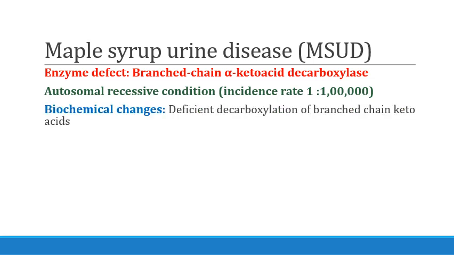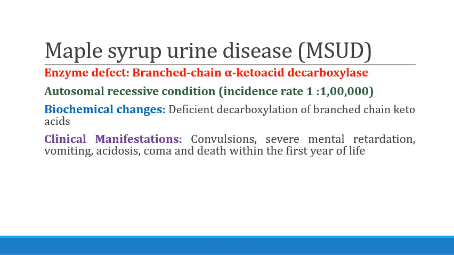Biochemical changes: deficient decarboxylation of branched chain keto acids affects valine, leucine and isoleucine metabolism. Patients clinically present with convulsions, severe mental retardation, vomiting, acidosis, coma, and usually the child dies within the first year of life.